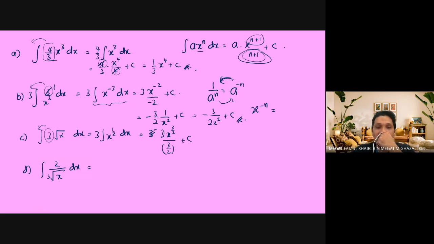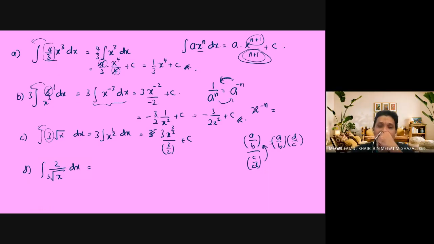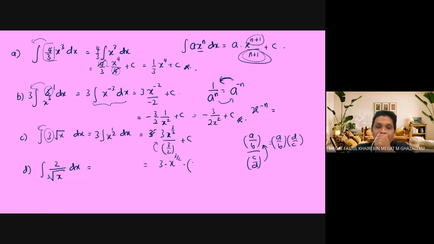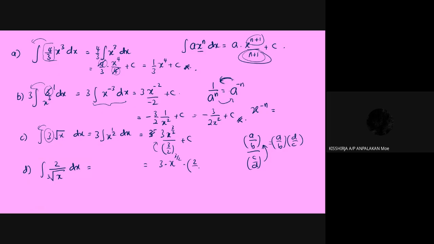Now this is division by a fraction: a over b divided by c over d. If we bring it up here, it becomes a over b times d over c. So 3 times x to the power of 3 over 2, times 2 over 3.